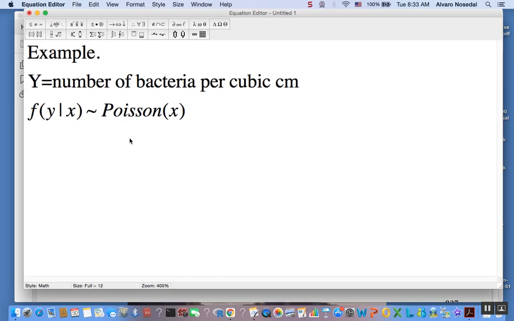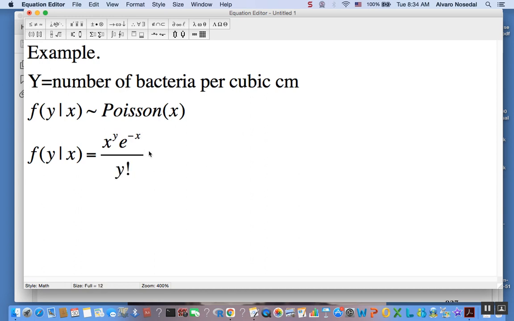What we have here is conditional, because lambda is no longer a constant lambda, we're using an x, and it varies. So it will be x to the power y instead of lambda, and then e to the negative x divided by y factorial.